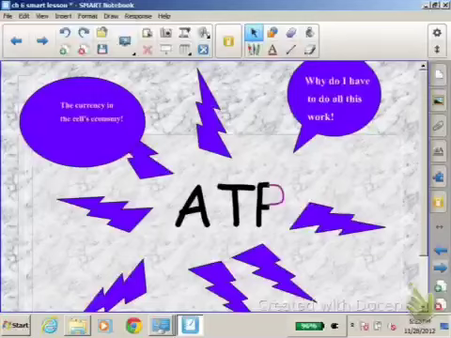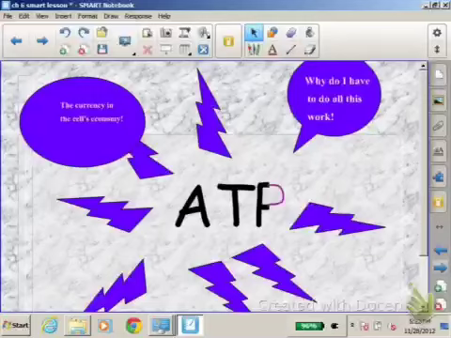Well, let me back up. Sorry about that. ATP would be the energy, and if you compare that to a wallet that carries money, ATP is the molecule that your energy is carried in, if that makes any sense. So it says ATP is the currency in the cell's economy. It does a lot of work for your body.